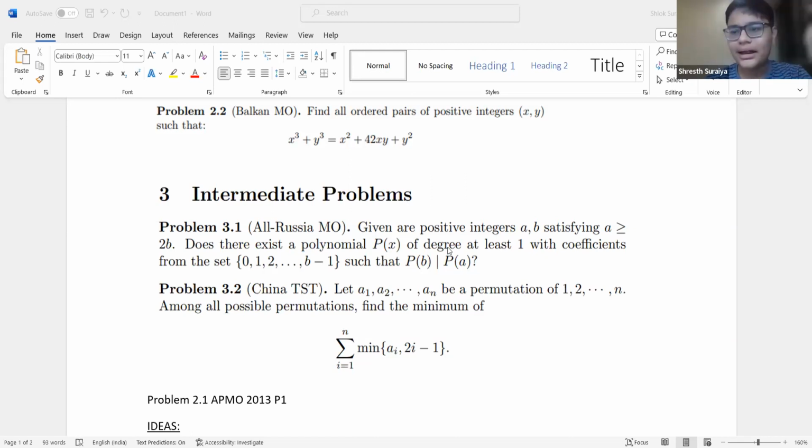Obviously, then you can just take the polynomial as the identity function for 2B.